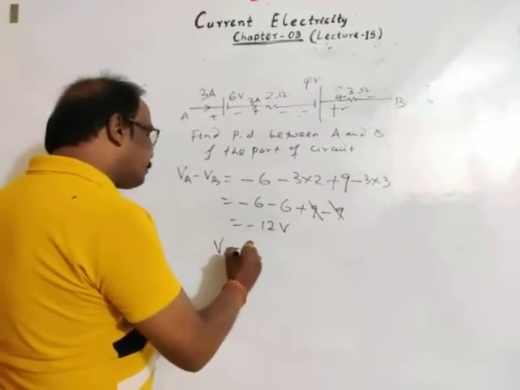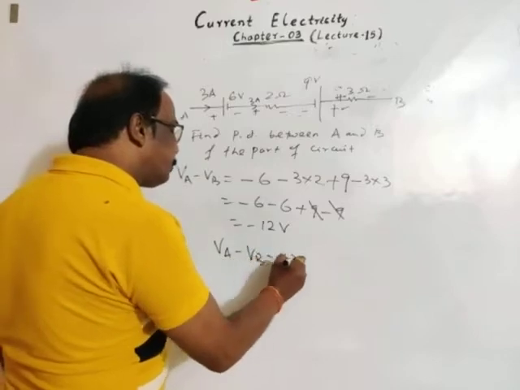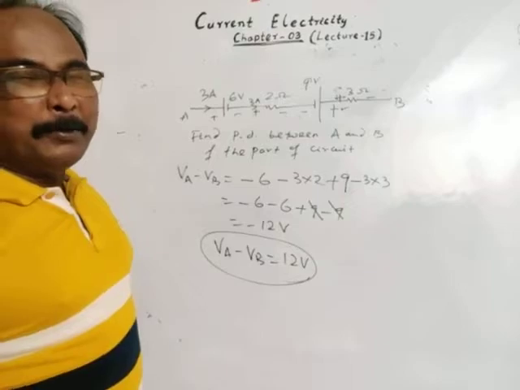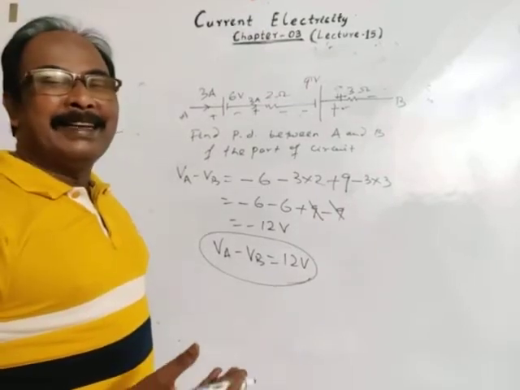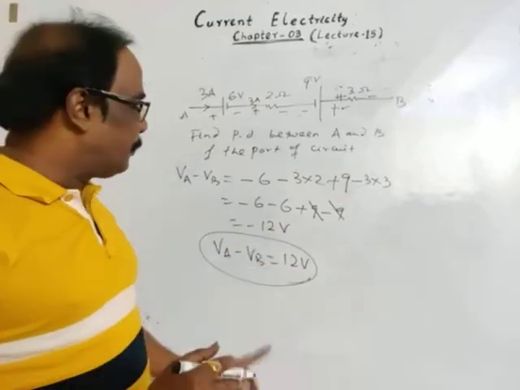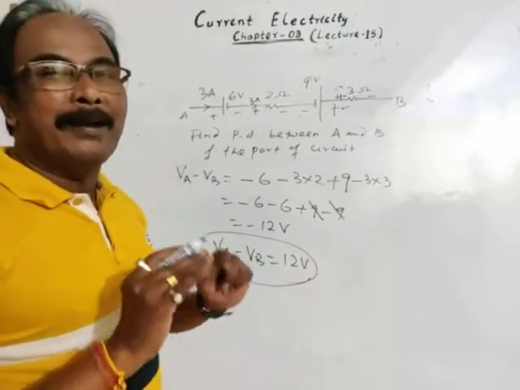Of course, you may write potential difference is 12 volt. No need to take negative because we have taken the sign convention. So potential difference is 12 volt.